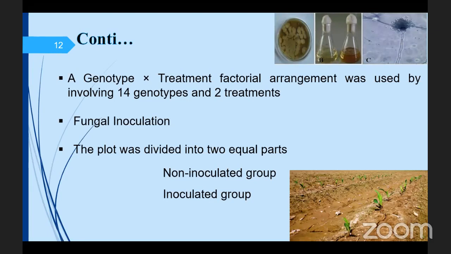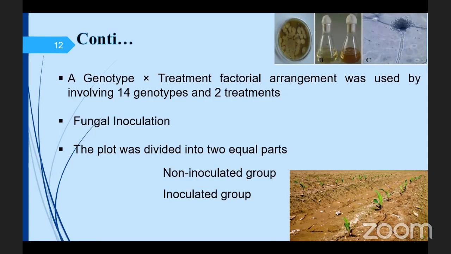Different treatments were given during this study. A genotype-by-treatment arrangement was used, involving 14 different genotypes that are available in Pakistan and commonly cultivated by farmers, and they were given two treatments.